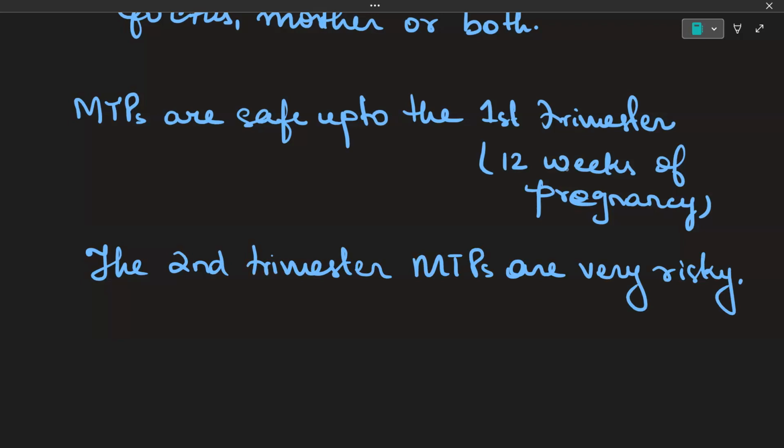Meaning, see what happens here is that mostly the fetus is taken out forcefully with the help of some chemicals or medicines or with the help of some certain other methods. And another thing is that there is a data given that every year 45 to 50 million MTPs are performed all over the world.